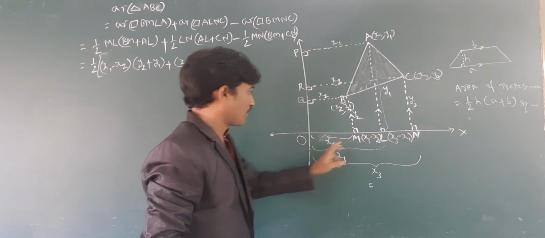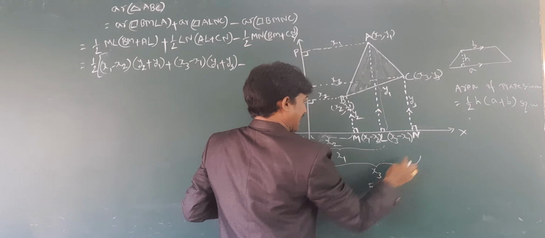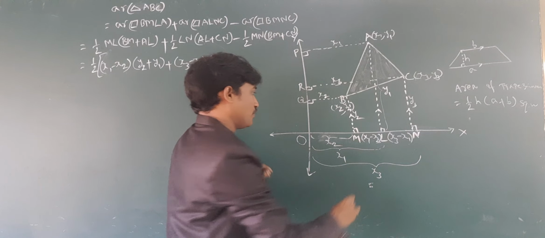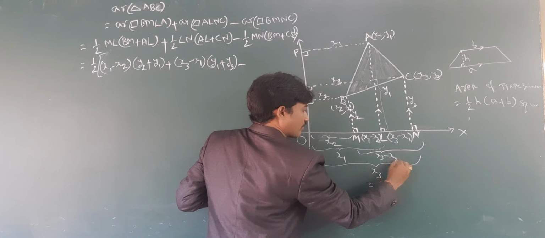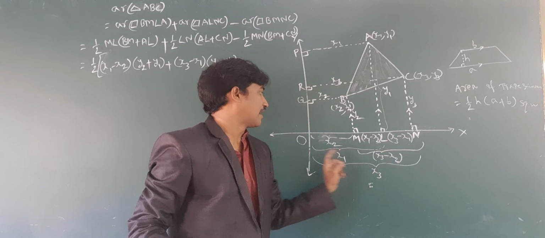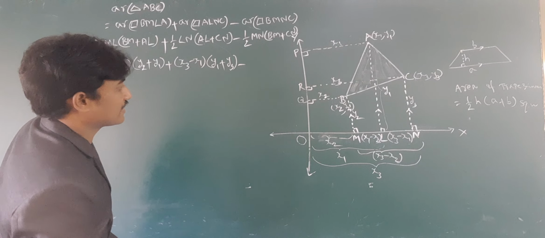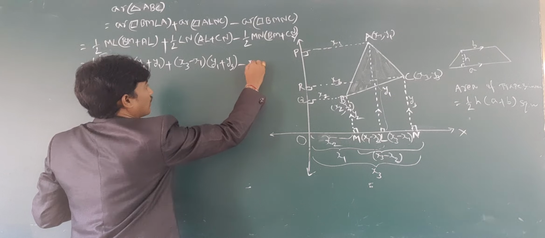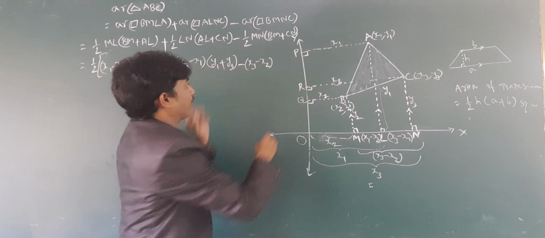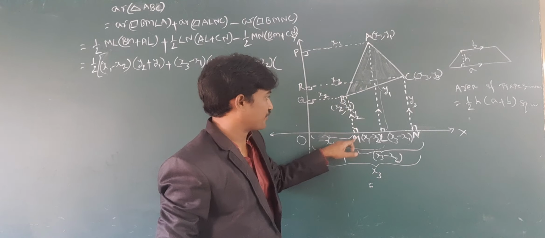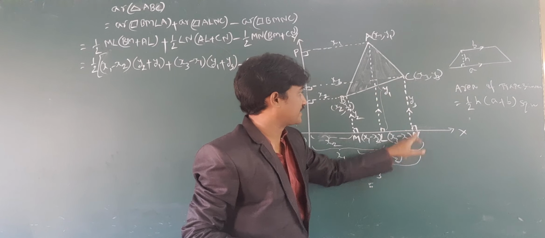Minus MN: ON is x3, OM is x2, so MN is x3 minus x2, into BM, that is y2, plus CN, that is y3.